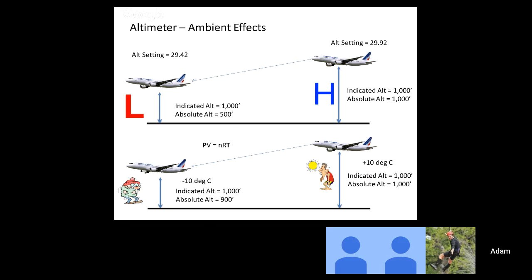And then as you go down to negative 10 Celsius, which is maybe 25 degrees Fahrenheit, you lose 100 feet. Not as crazy as the pressure difference, but if you're flying a commercial airliner and you're on an instrument approach that takes you down to minimum altitude, 100 feet can really make a huge difference. So just things to keep in mind.